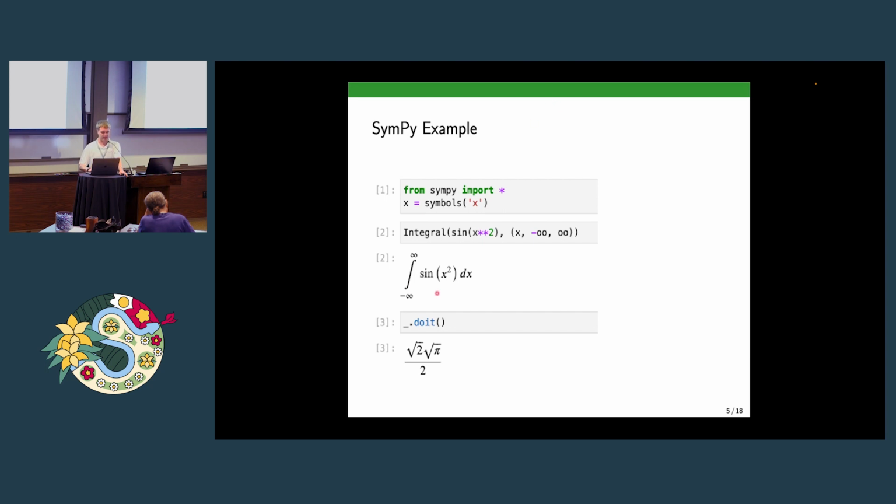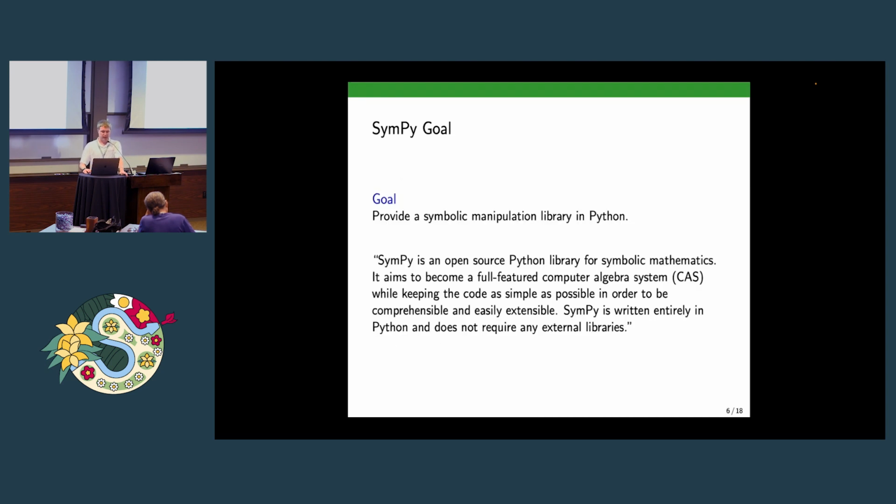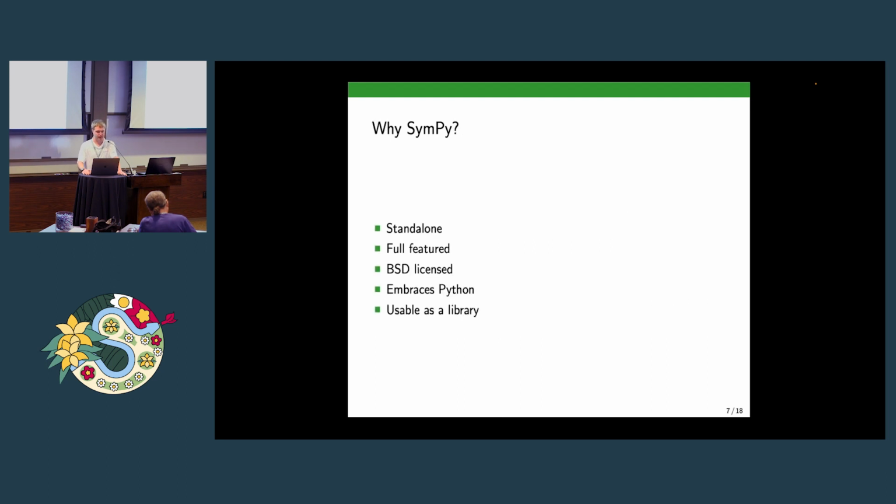So you see here SymPy can not only represent this integral, but it can actually compute it in a closed form as square root of 2 pi over 2. So the goal of SymPy is to sort of just be a general purpose computer algebra system, while also being usable as a library and being easy to use from Python.